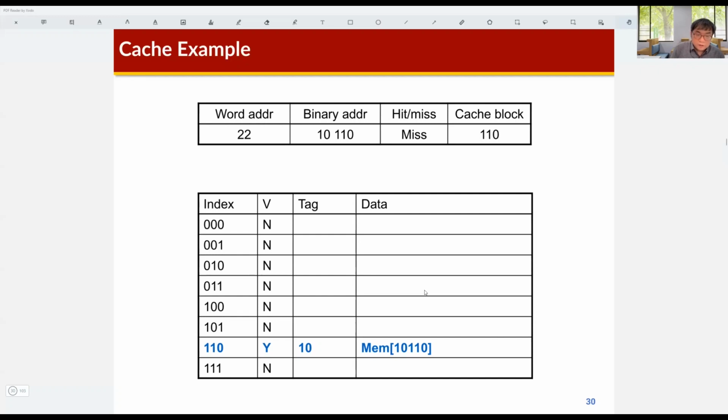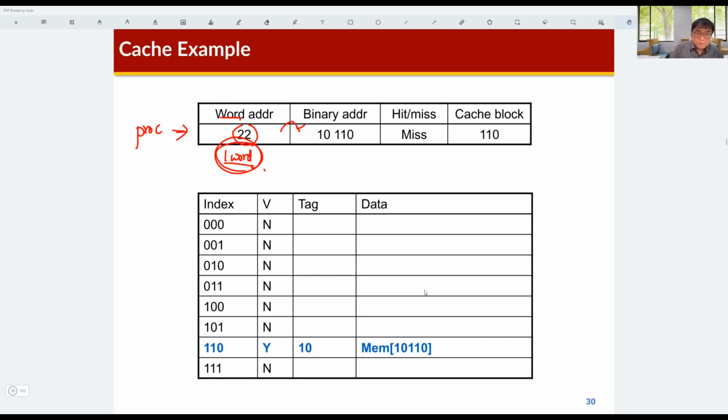And then the processor accesses this data. This is the word address, not the byte address. In the previous slide, we assumed that the size of a single cache block is 1 word. If we represent this word address as a binary number, it is 01001.